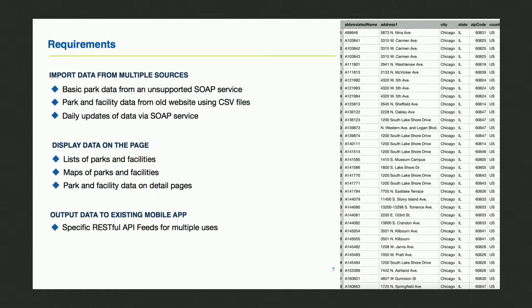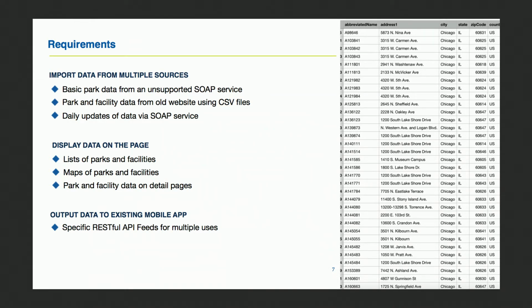The requirements we had were to import data from multiple sources because the program data source was an unsupported SOAP service. It's kind of at end of life, and it might not have even ever been something that was for the general public. So we had this data we had to work with that we couldn't call up and say, hey, can you change this for us? We had to wrangle it.